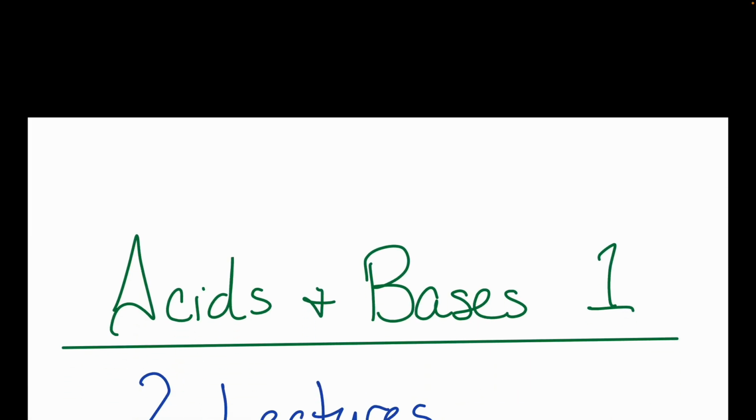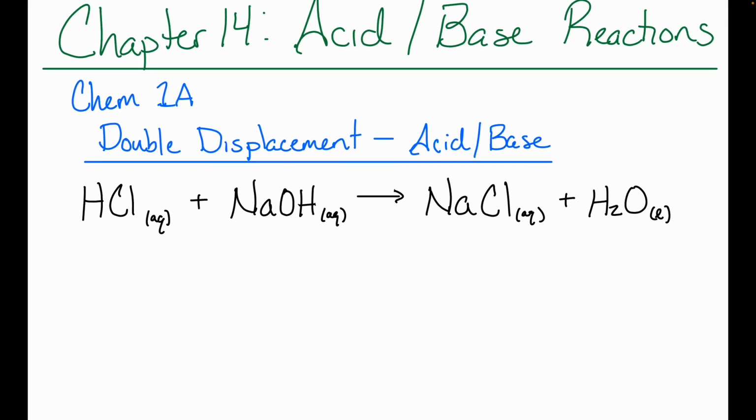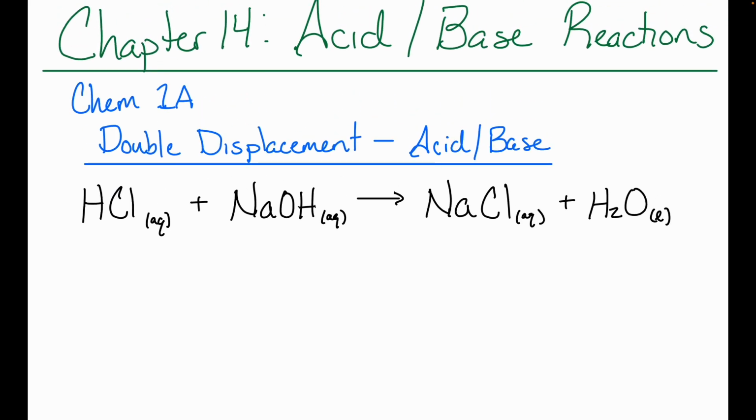All right, and this was kind of what was hammered home about these acid-base reactions, was that an acid plus a base, they combine to make a salt and water. All right, and that's true for a very limited subset of acids and bases.